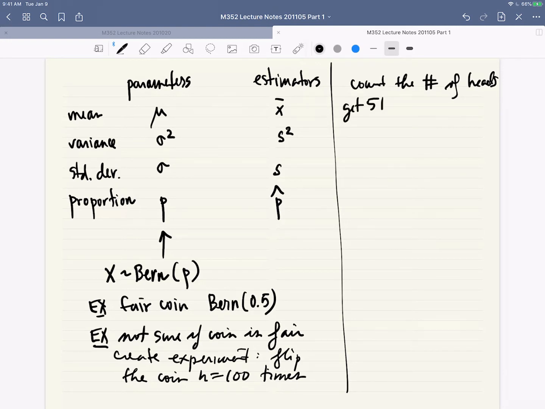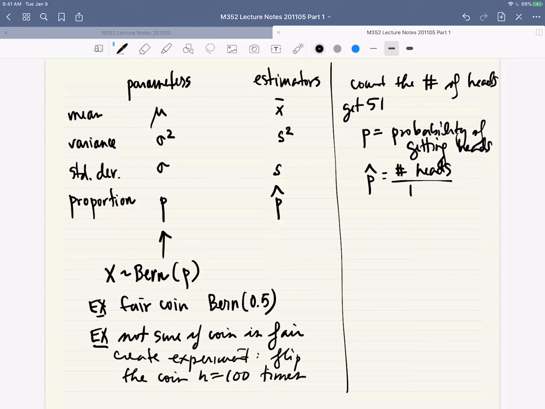Then if P is supposed to be the probability of getting heads, and we're trying to estimate that, our P hat, our estimator, is going to be our number of heads over 100 flips of the coin, and our estimate in this case is going to be 51 over 100, which is 0.51.